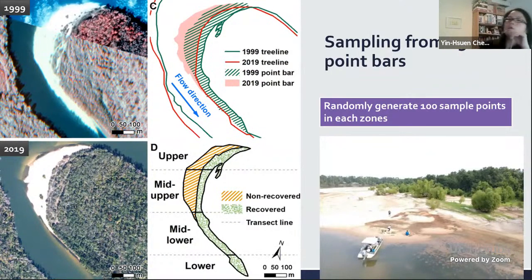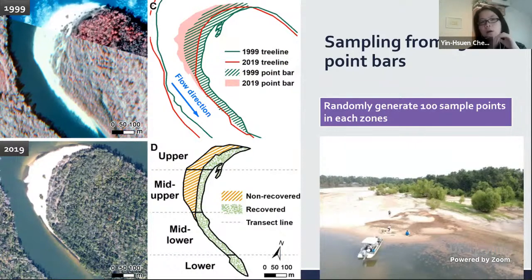Let me explain why I only picked 15 point bars out of 27. It's because some of the point bars are in less stable channel areas. Within two decades, some parts of the channel have already migrated, but those migration rates are not exactly the same throughout the entire reach.